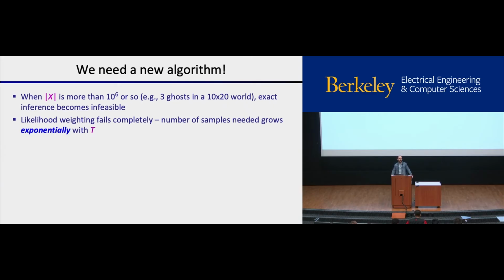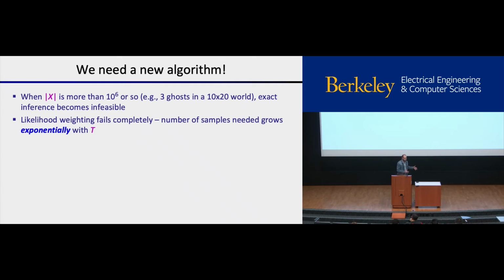I don't know if you recall from Cam's lecture a couple times ago, if the evidence is coming at the end in likelihood weighting, it's not really guiding your samples very much. So you'll be going through your Bayes net, or dynamic Bayes net in this case, sampling values for all the different variables, and then you get to the end and you realize it's totally inconsistent with some evidence that came at time t. And so now you have to downweight this into oblivion. The sample hardly counts for anything.